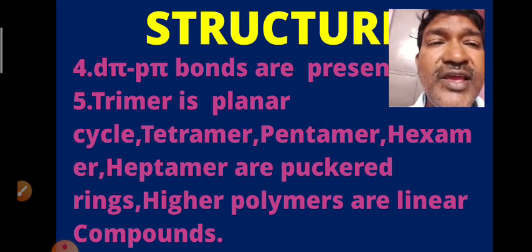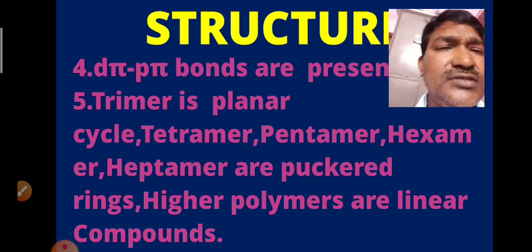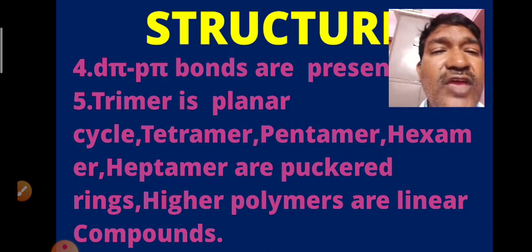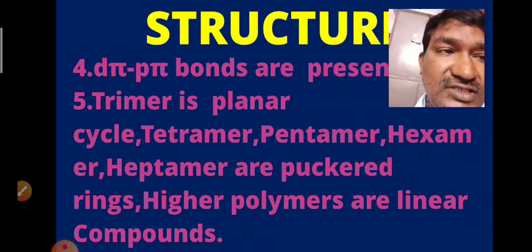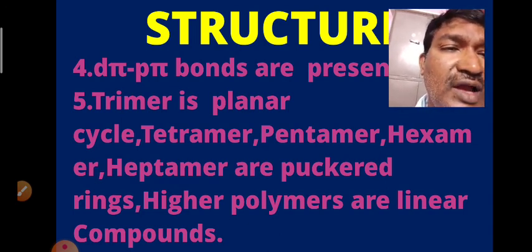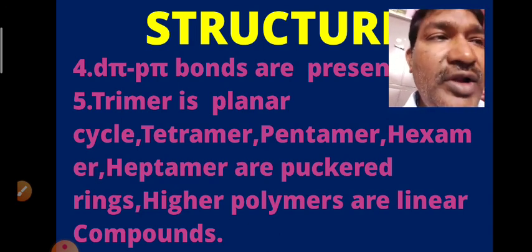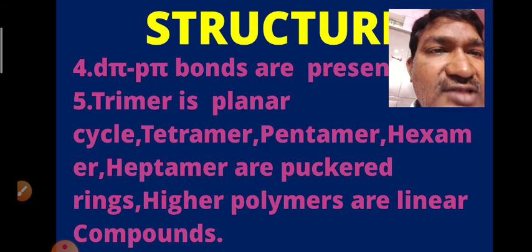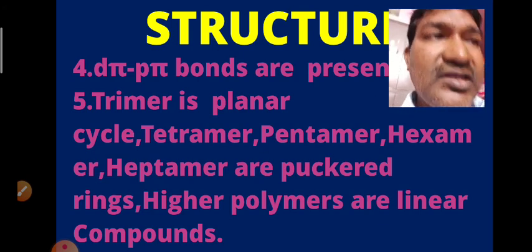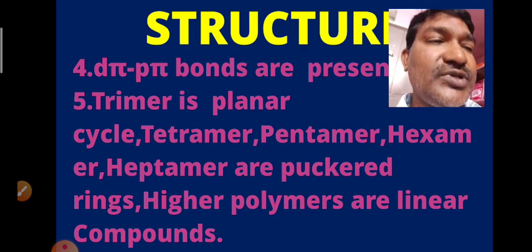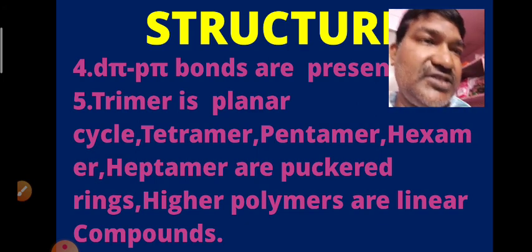In a similar way, here the tetramer, pentamer, and hexamer, that means other polymers, even though they have a cyclic structure, are not planar. They have a puckered ring structure. And we know very well that higher polymers are linear compounds. So only the trimer is a planar cyclic compound. Other cyclic compounds are puckered rings, and higher polymers have a linear structure.